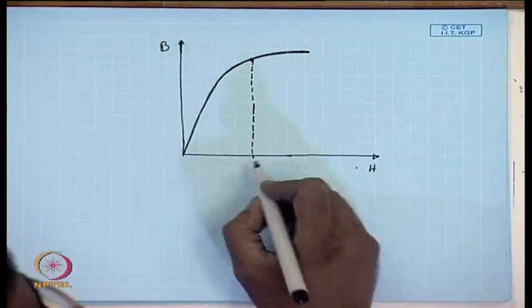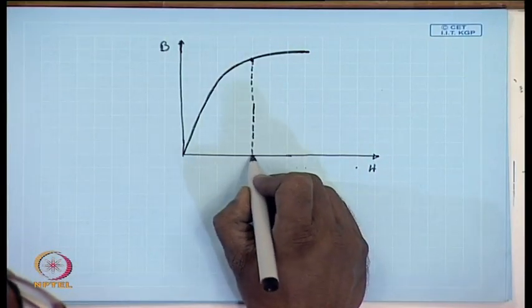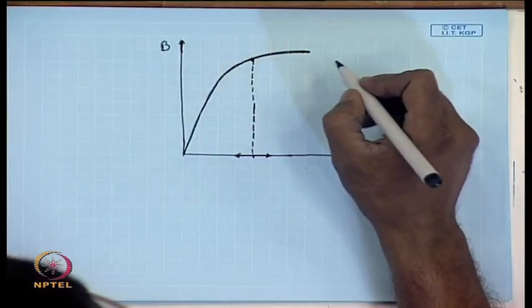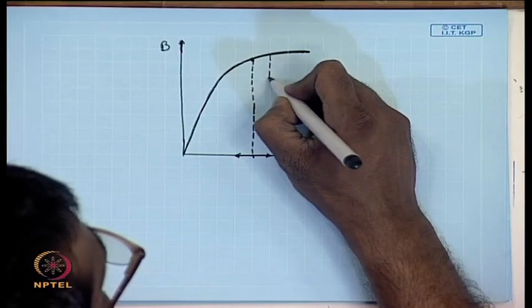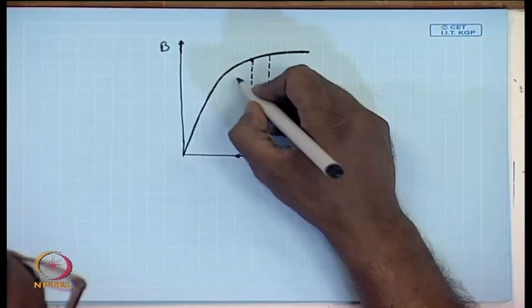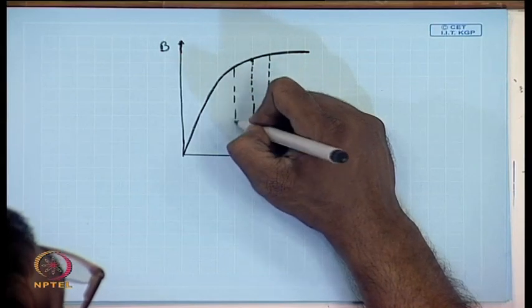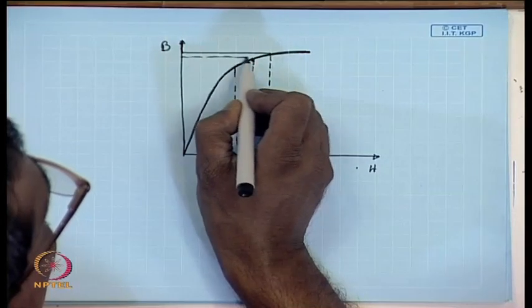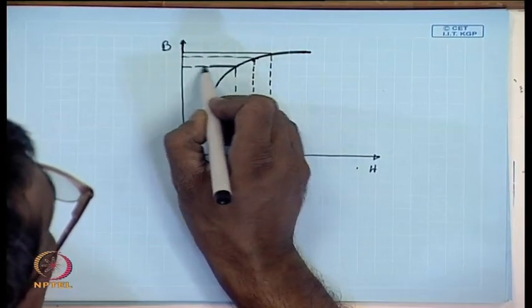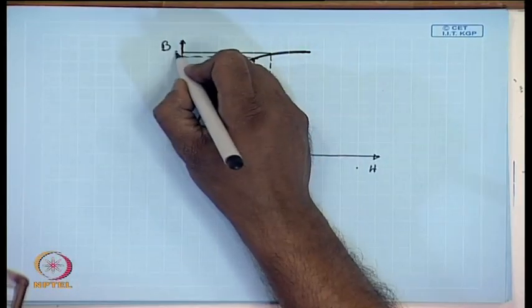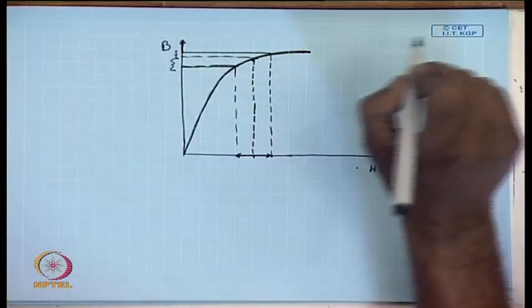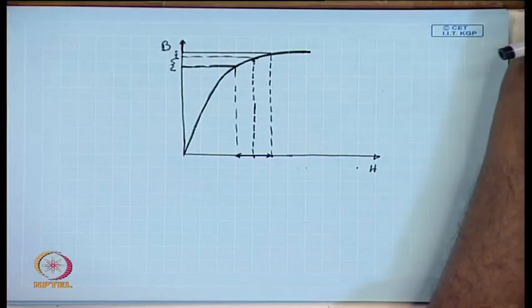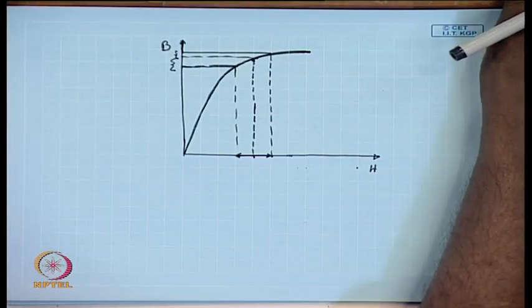Now, if we apply a positive armature ampere turn and a negative ampere turn of the same magnitude, we find that the changes in the flux density are not the same. That is, the increase in the flux density due to increase in the ampere turns is less than the decrease.